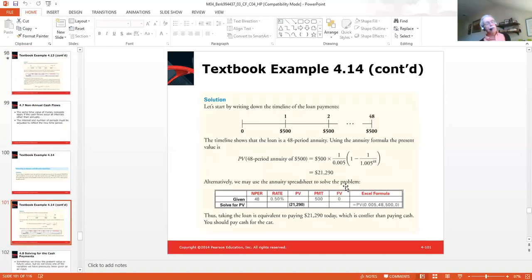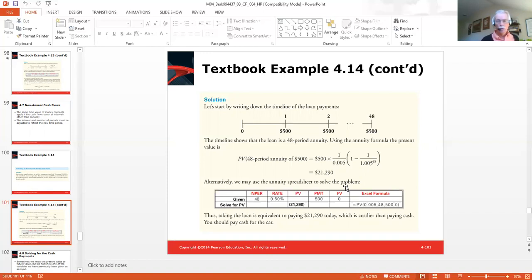Again, in this case, we're using the present value function, but we have an annuity that we're working with because you have those regular payments of $500 a month for 48 months. That's the annuity. So our periods are 48 periods, representing the 48 months. The rate is 1/2 of 1% per month. Our payment is $500.